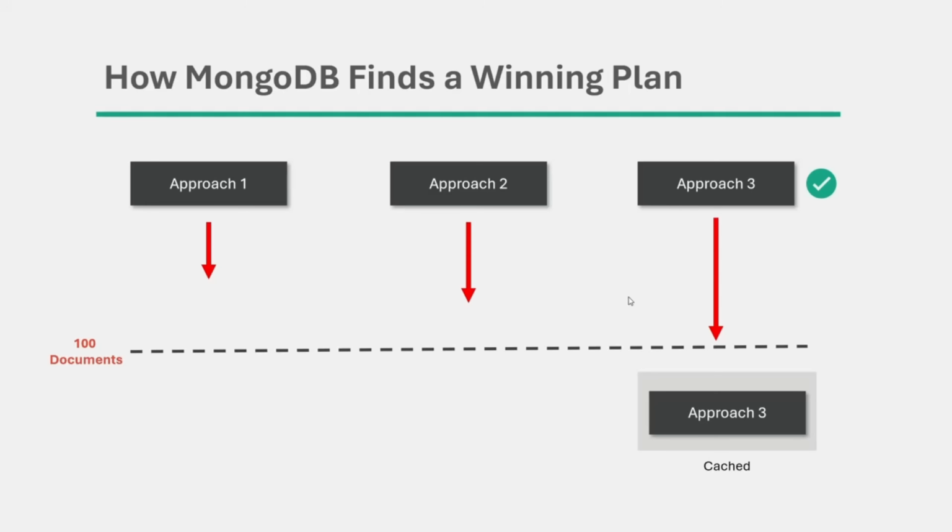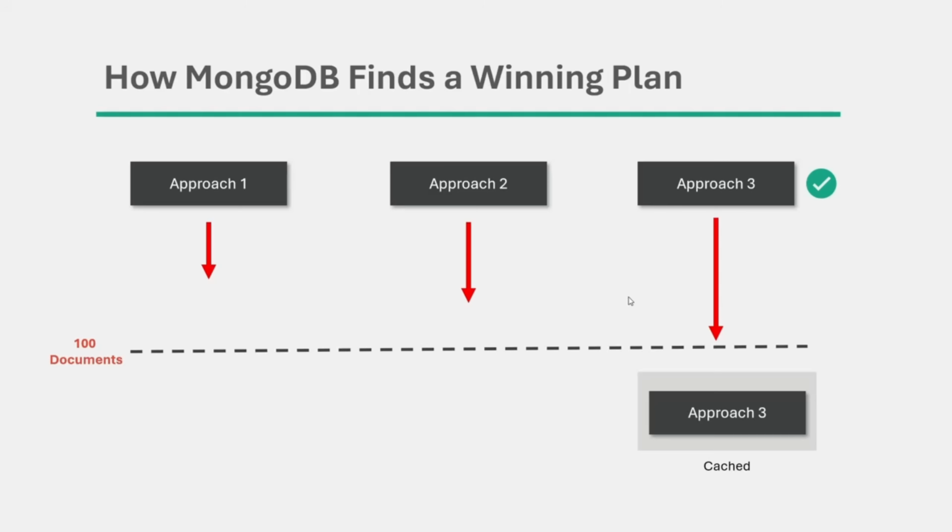And next time when you run the same query, it will get the winning plan from the cache and use it for query execution. If the query is even slightly different, where let's say you have changed the filter value for a field, again MongoDB will find a winning plan for that query by racing different possible approaches. So this is important to understand.